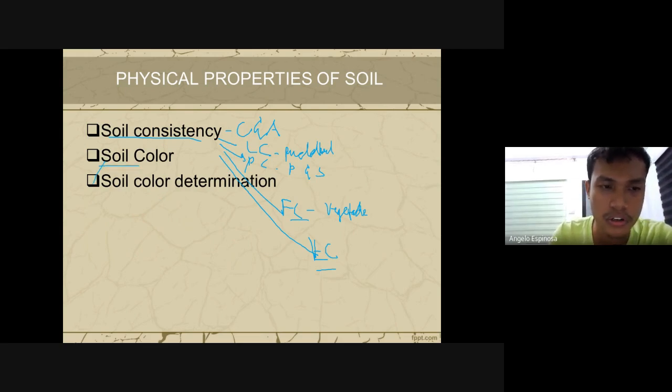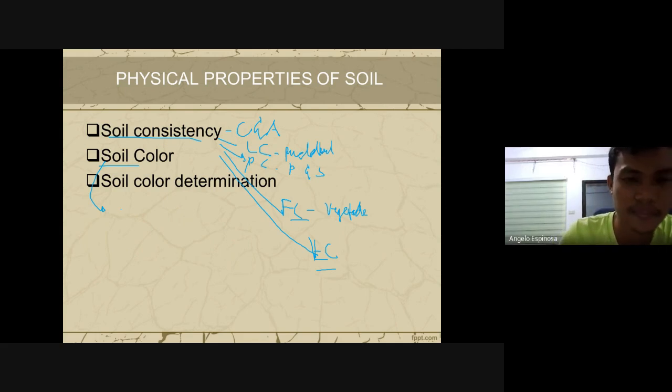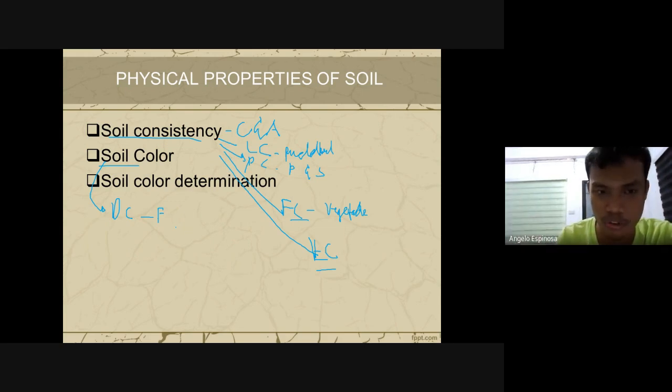We have the soil color. We use the Munsell soil color chart to determine the soil color. Soil color can be a useful indicator of the soil's identity and therefore its implicit properties, kung clay ba siya, sandy soil ba siya. Pag dark color po ang soil, it means the soil is generally more fertile, since the dark coloring is usually due to abundant humus.